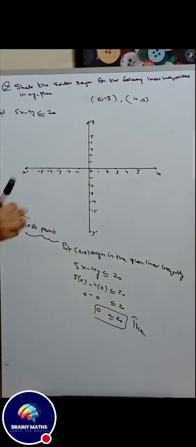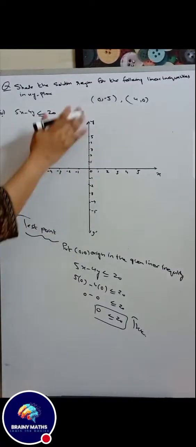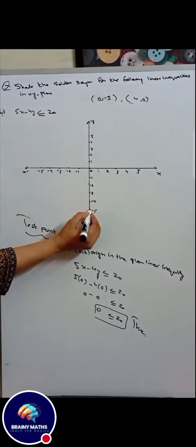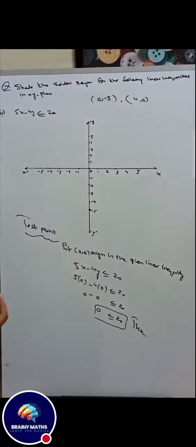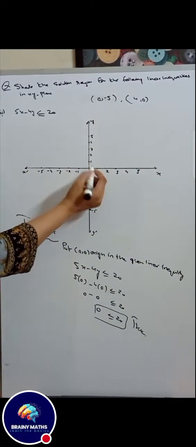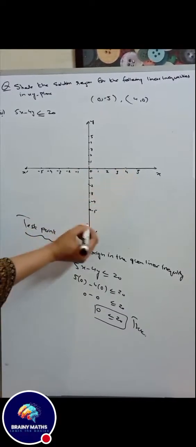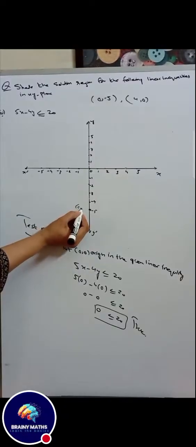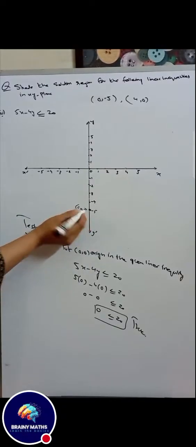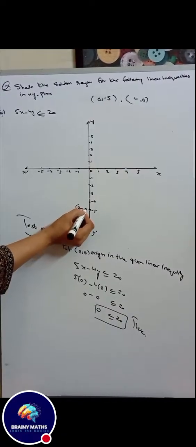So, first ordered pair is 0 and -5. If x is 0 and y is -5, not upward, downward. -5 must be pointed here. Now next, x is 4, y is 0. If y is 0, again this point, and 4 is this one. So this point is known as (0, -5).